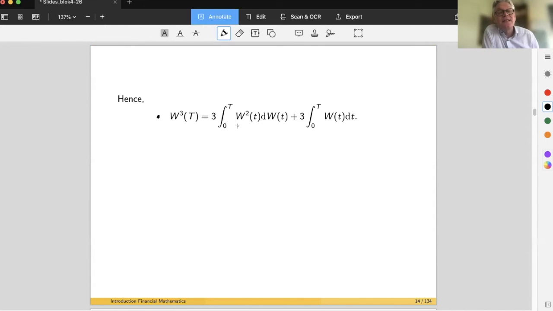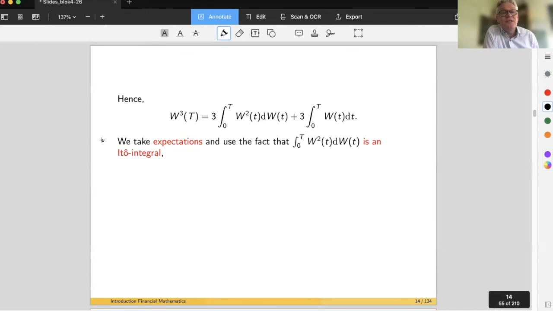And let's notice here that, in fact, this is an Ito integral, right? Here we have the Brownian increment, so dW, so our integrand in this case is W squared. So we have here an Ito integral, and we know things for the Ito integral. For example, we know the expected value of the Ito integral is equal to 0. So we can benefit from that.